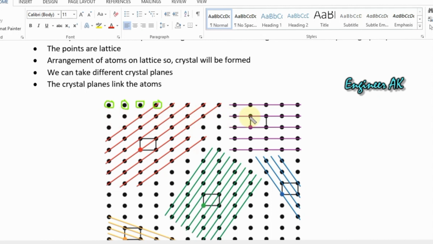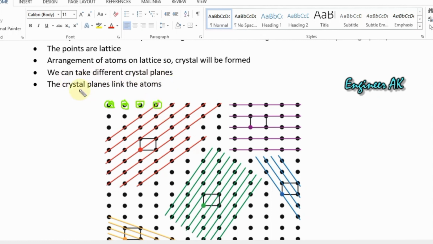These are the lattice points, these black dots, and if I place these green atoms there, they become crystals. This is how a crystal forms.